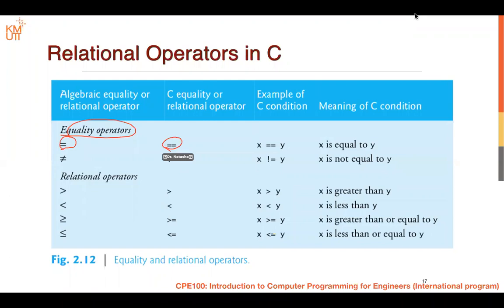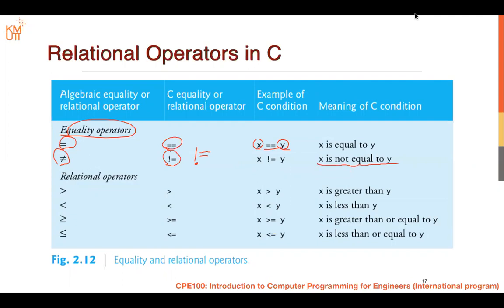For example, in a C condition, if you want to check whether x is equal to y or not, you can use double equality, right? In order to check whether two variables are not equal, you can use an exclamation mark and an equal sign, right? It means x is not equal to y.